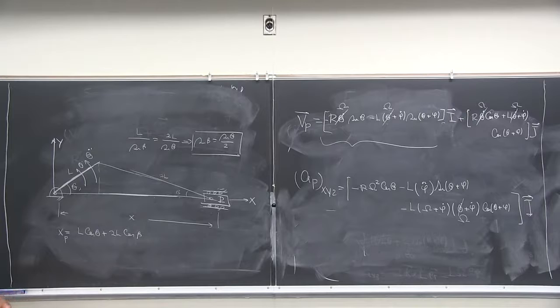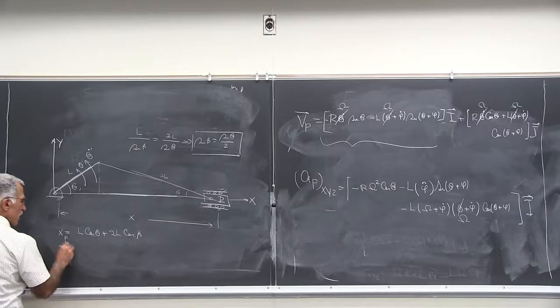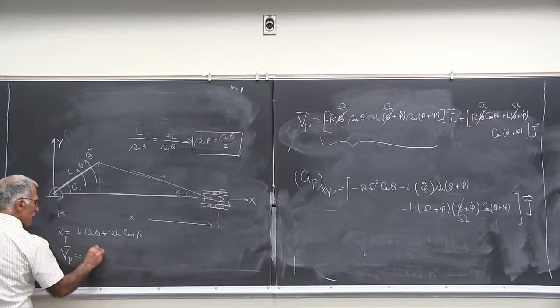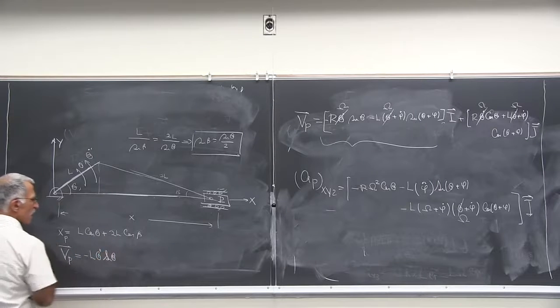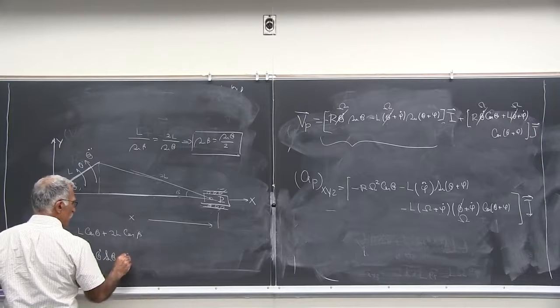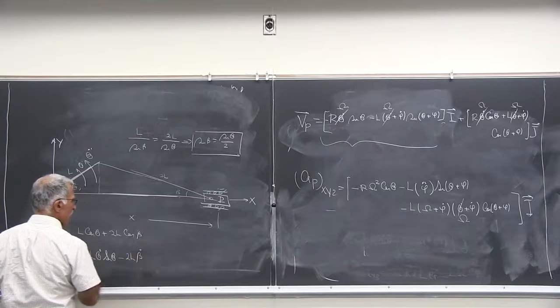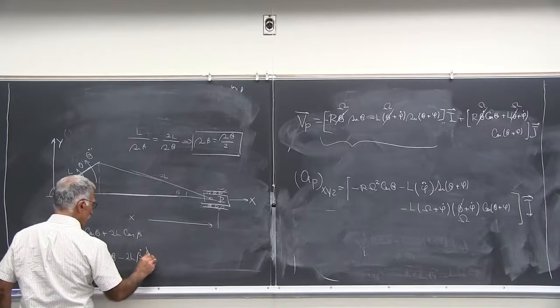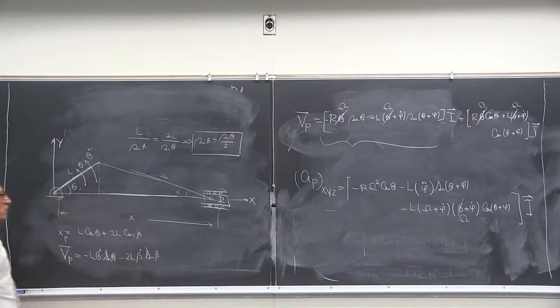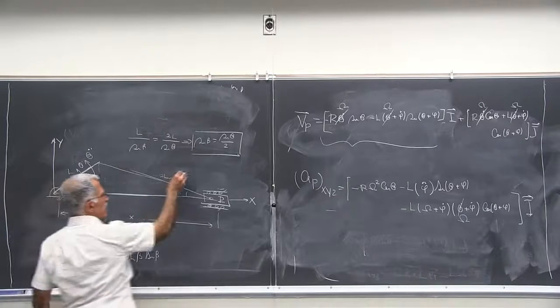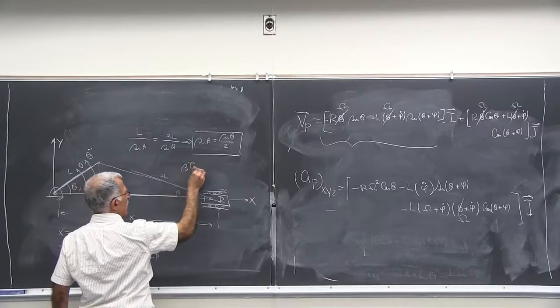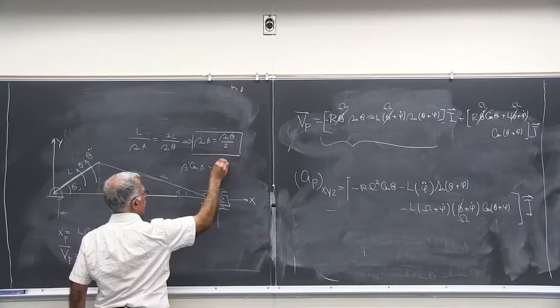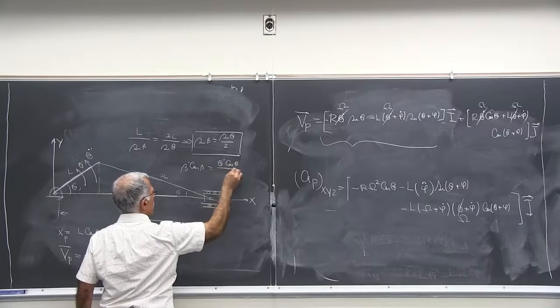So you simply go ahead and take a derivative of this expression, and the velocity of the piston is equal to minus L theta dot sine theta minus 2L beta dot sine beta. And of course, beta dot cosine beta is equal to theta dot cosine theta divided by 2.